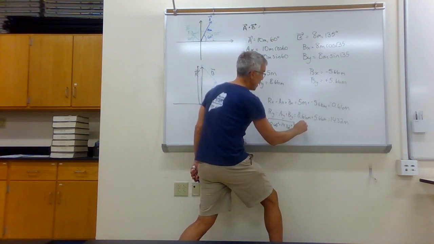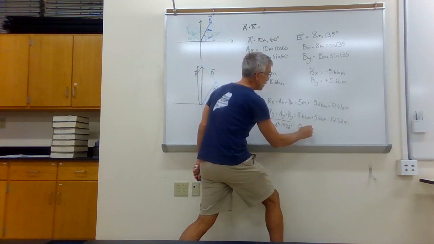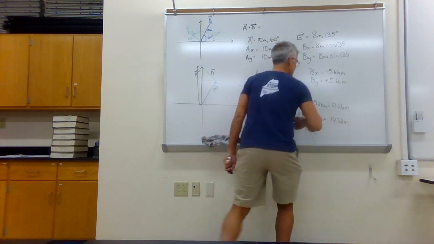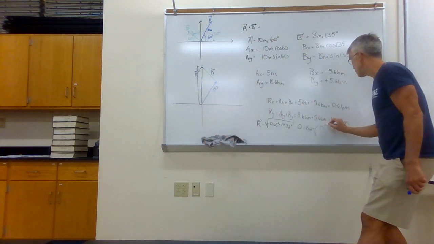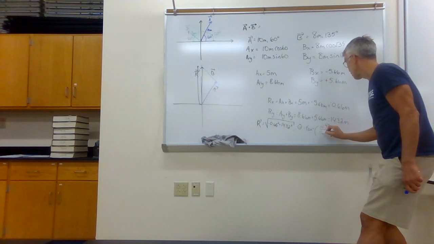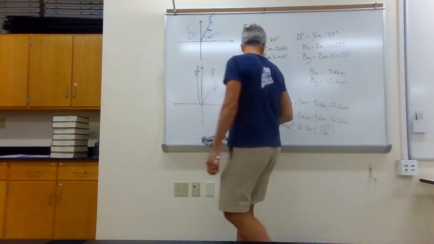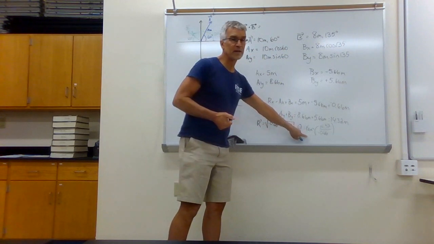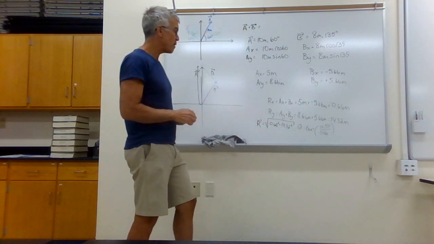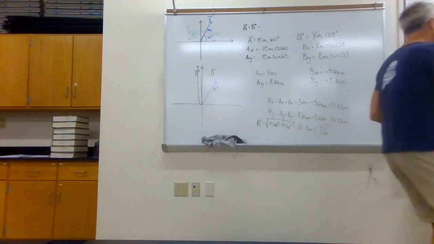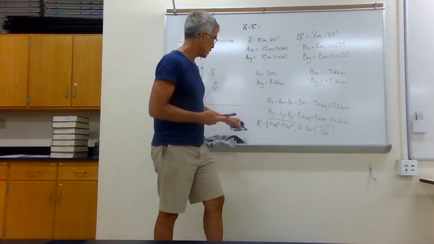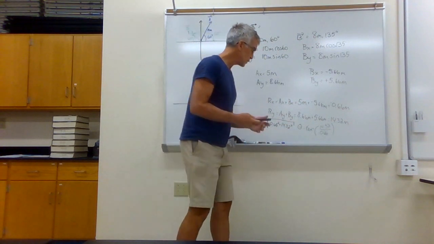And the angle is going to be the inverse tangent of our y component over our x component. Because we have a negative sign here, it's going to take the inverse tangent of a negative number. This may not give you the final answer that you're looking for. So I'm just going to do this right now.